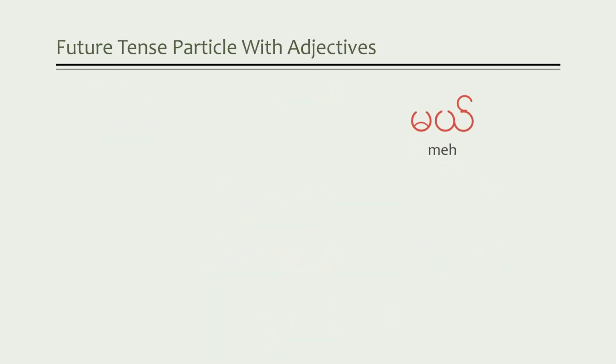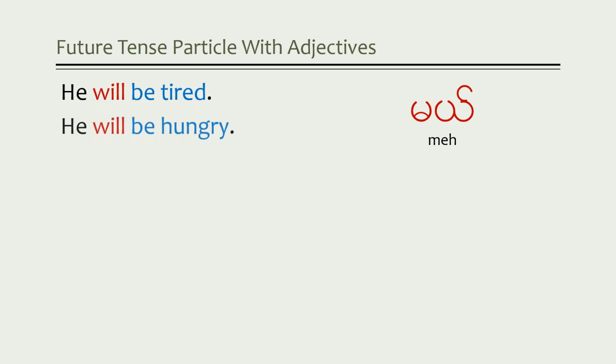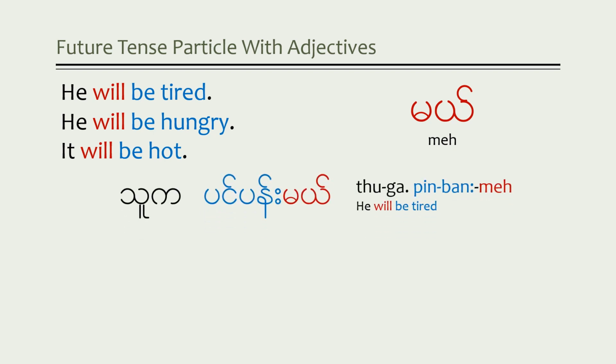So here we want to see how to use a future tense particle with adjectives. So we could look at statements like, he will be tired, he will be hungry, it will be hot. So let's examine those one at a time. He will be tired. Instead of the te final particle, we have me.